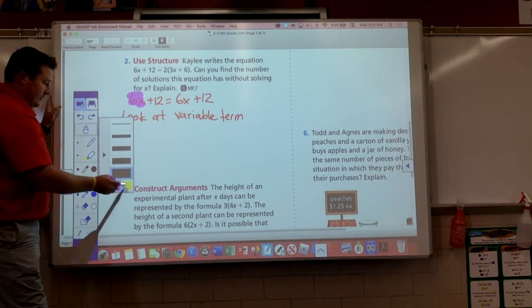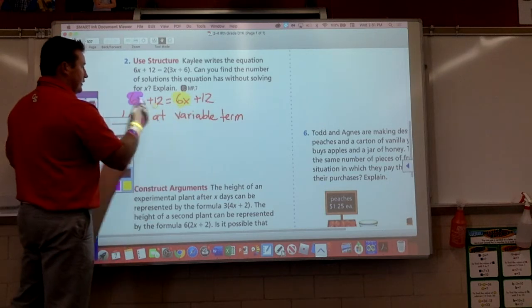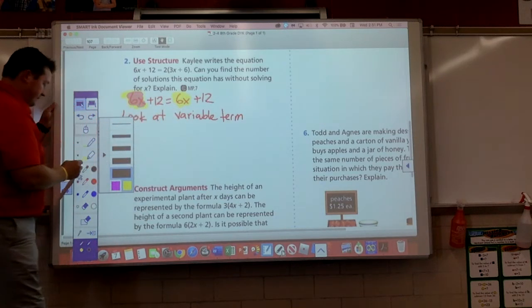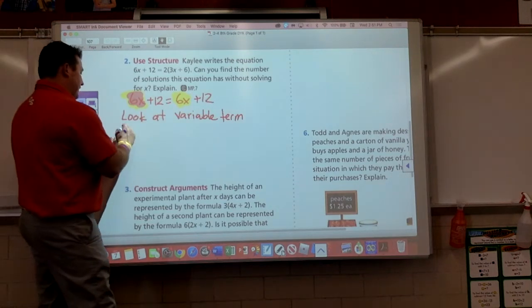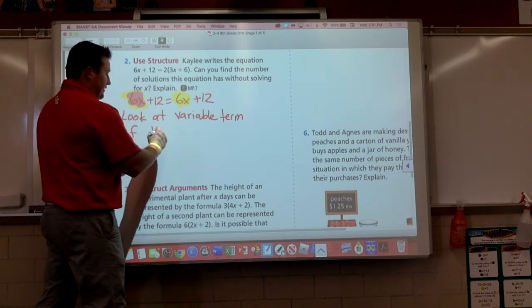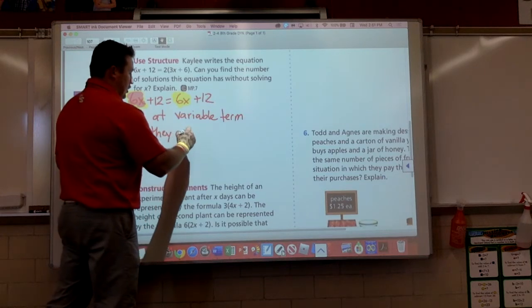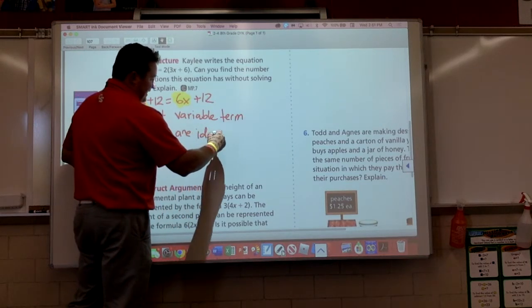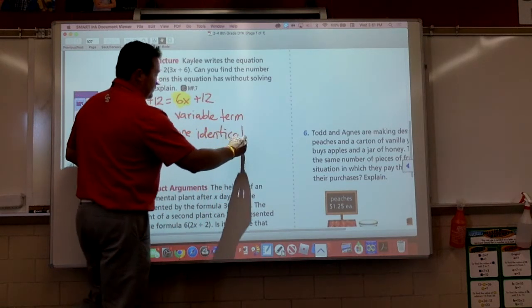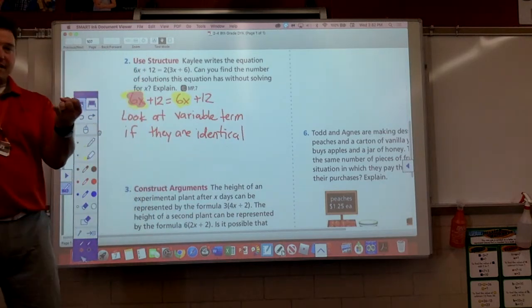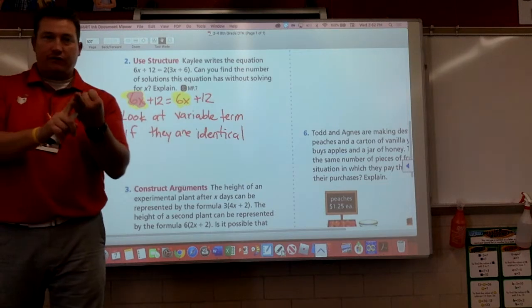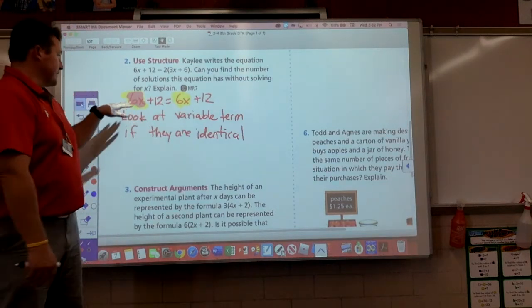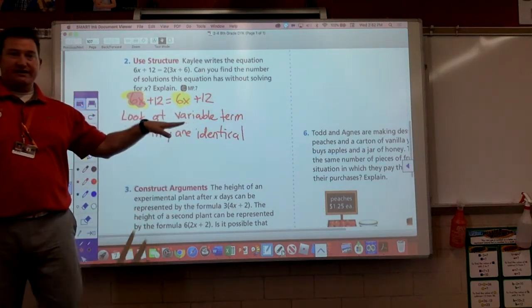If they are identical, which means the same, they have the same variable, but more importantly, the same coefficient: positive 6, positive 6.